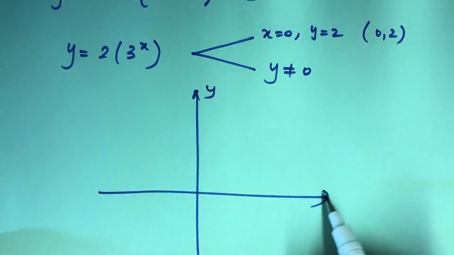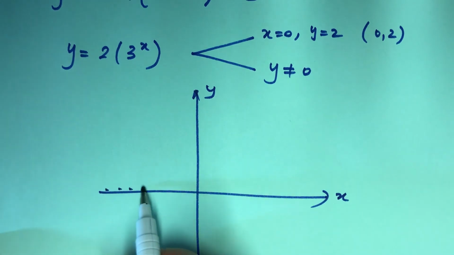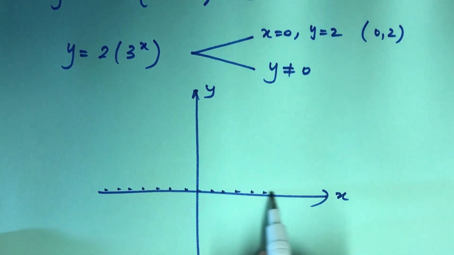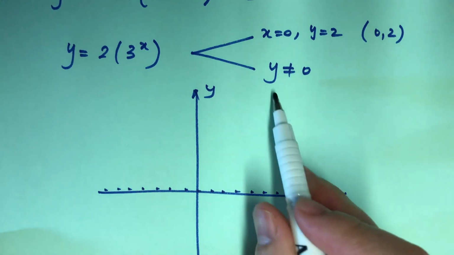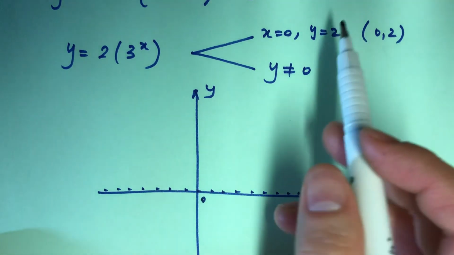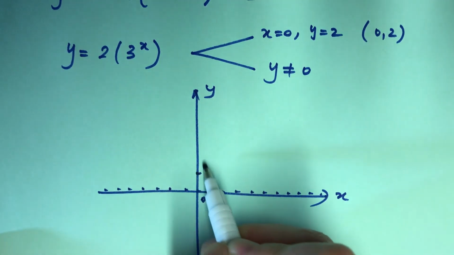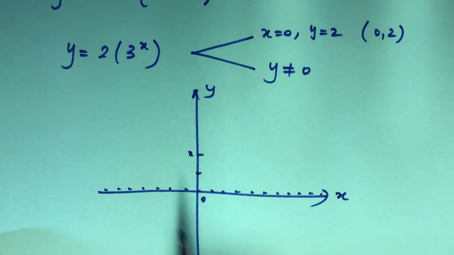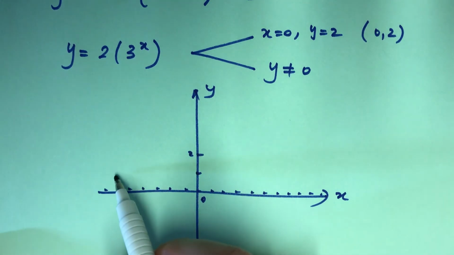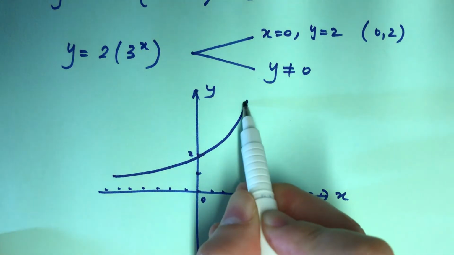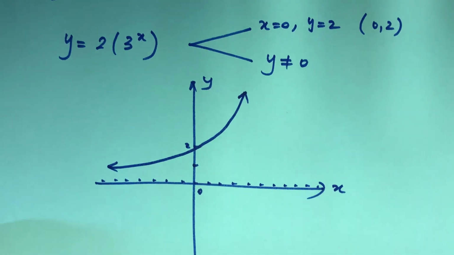I'm going to put a broken line there, because that's my asymptote. So my original exponential function is this, okay.